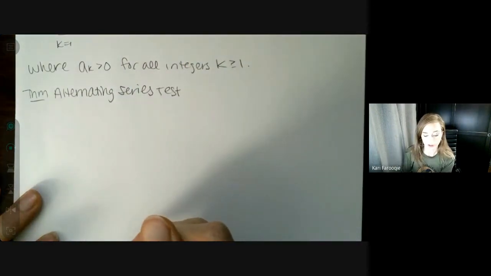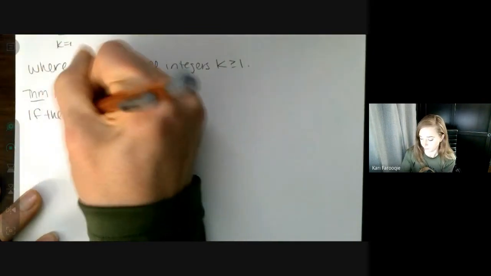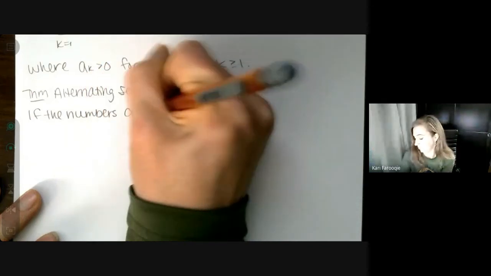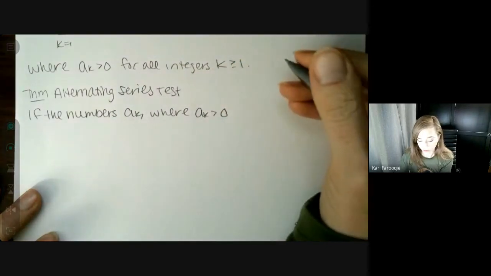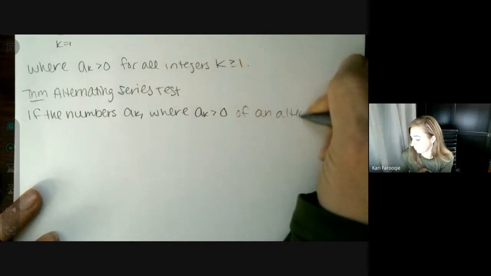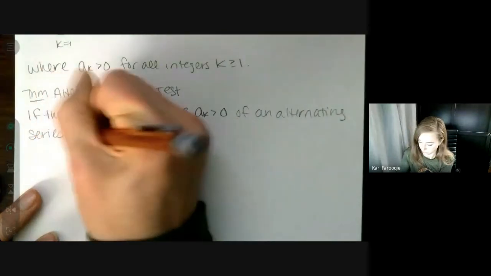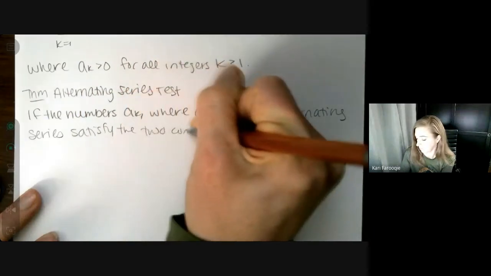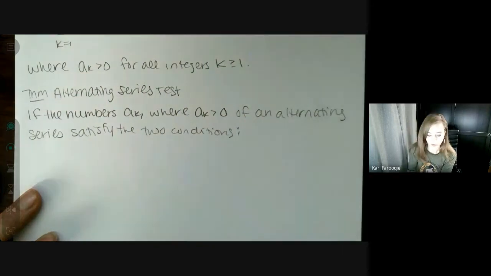If the numbers a sub k, where a sub k is greater than 0, of an alternating series satisfy the two conditions, and I'm going to give you those conditions, two to check.